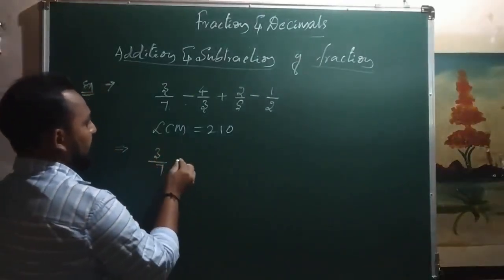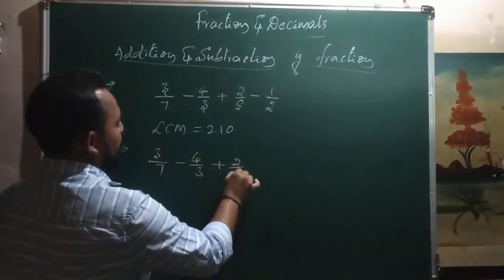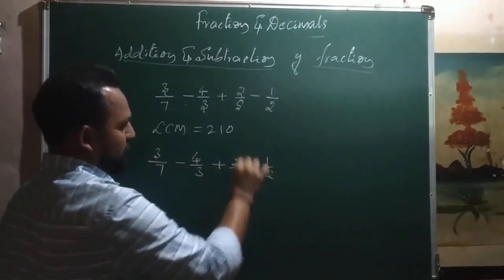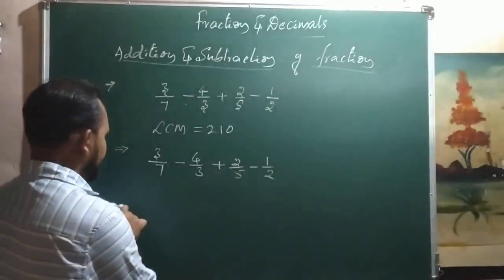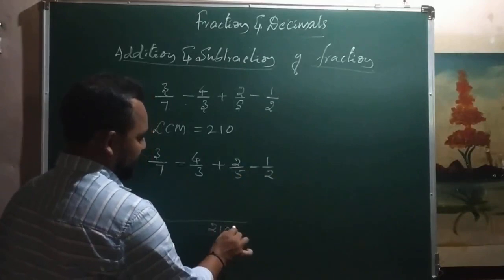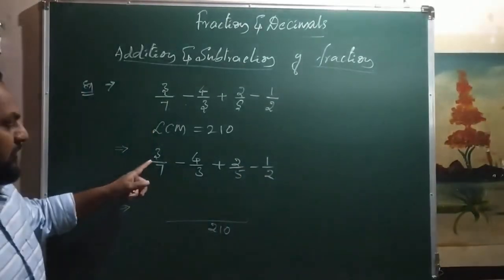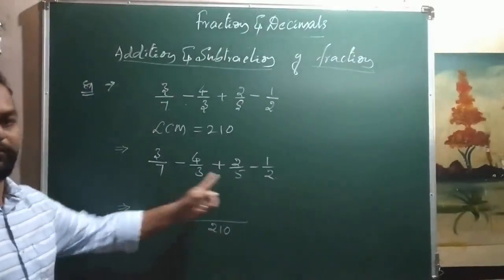First write 3 by 7 minus 4 by 3 plus 2 by 5 minus 1 by 2. Okay, the LCM of the denominators is 210. The second step is to divide the LCM by the denominators.